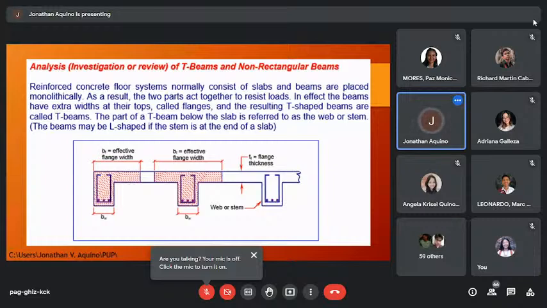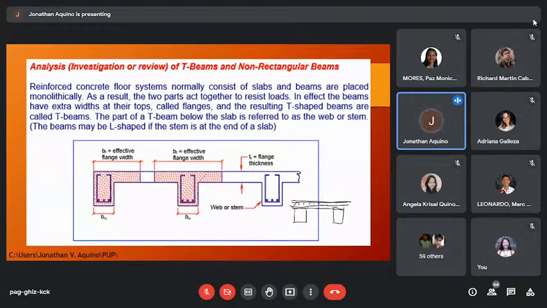Actually, in real situations, wala talagang rectangular beam for monolithic construction or for reinforced concrete, unless gagawa kayo ng beam ninyo tapos yung ibabaw niya is just simply steel decking, or hindi siya monolithically constructed with the beam.